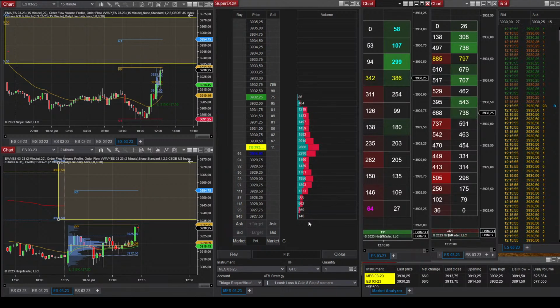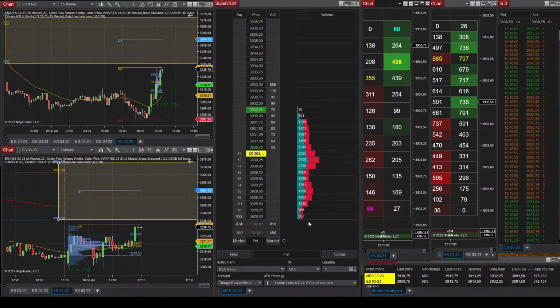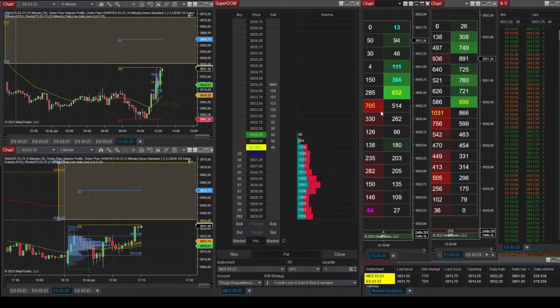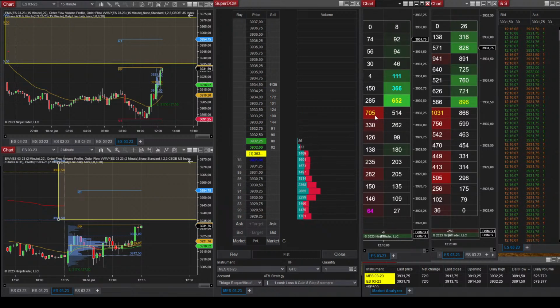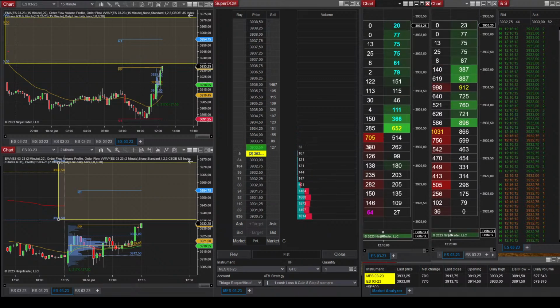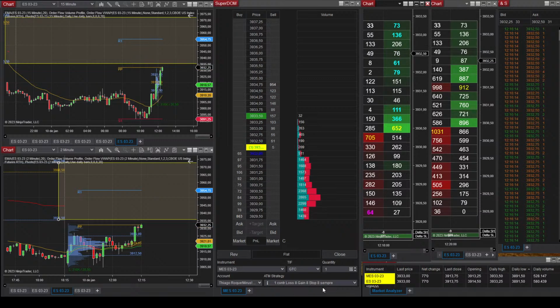We had a big bar, but it would not be unusual to see a reversal. But this absorption from buyers in this scenario means that they have appetite and could keep buying.